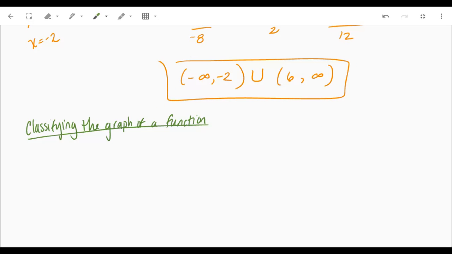Okay, it could be a vertical line. It could be a horizontal line. It could be a line with a negative slope. It could be a line with a positive slope.